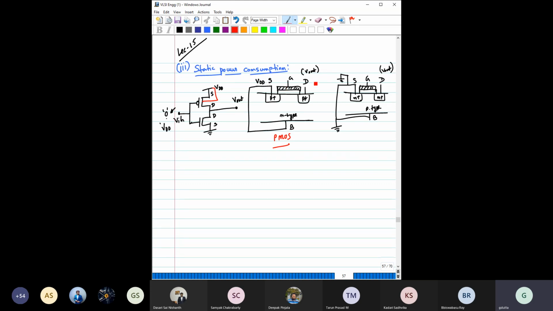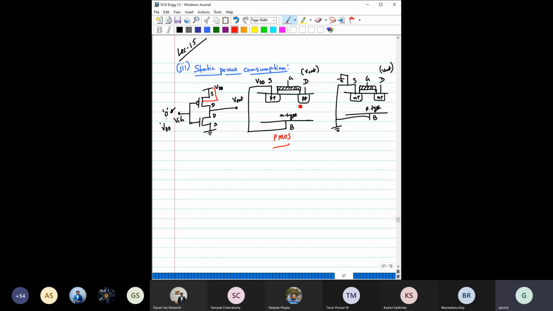Now suppose this V out is equal to 0. Then you see this is a PN junction, and you have applied a higher potential on the N side compared to the P side. That means you have reverse biased this PN junction, the drain to substrate. As a result, every reverse biased PN junction should have some leakage current.